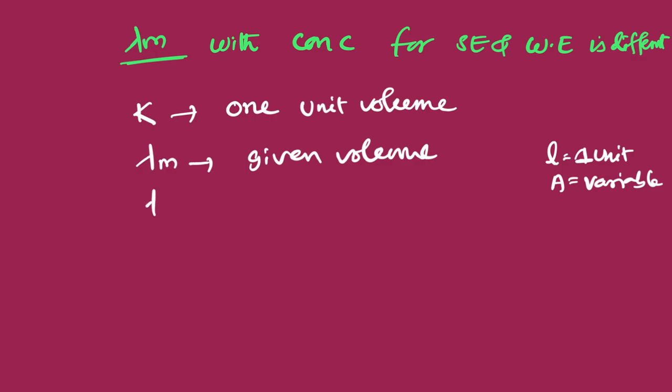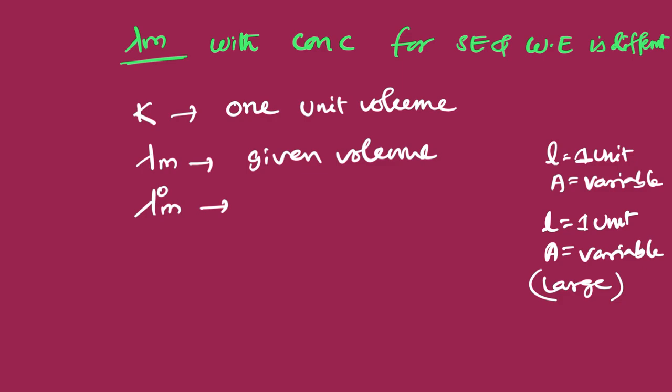Next, lambda naught m. Lambda naught m means what? Same, L is equal to 1 unit. Area is variable, but it is large enough, very large. Therefore, this is called at infinite dilution. At infinite dilution means zero concentration.